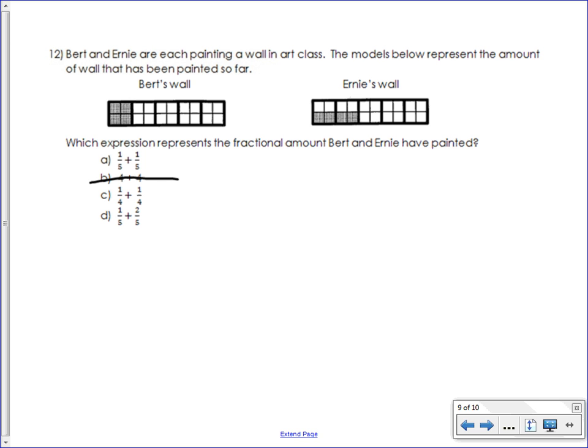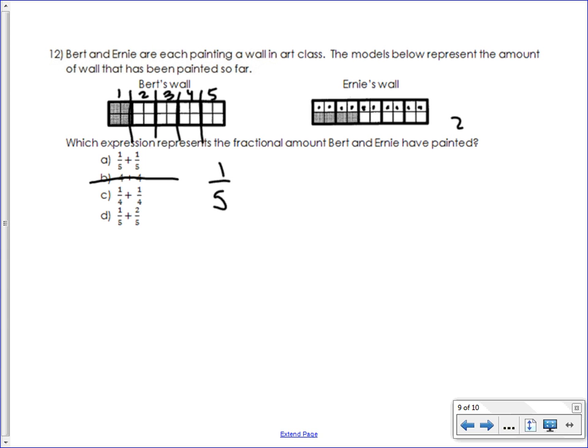I'm going to look at Bert's wall. And I'm going to notice that each section here is kind of highlighted. So it leaves me 1, 2, 3, 4, 5 sections left, 5 equal, and one of the 5 is shaded. So we're going to start with 1/5. Now, over here I can actually count the squares. 1, 2, 3, 4, 5, 6, 7, 8, 9, 10.